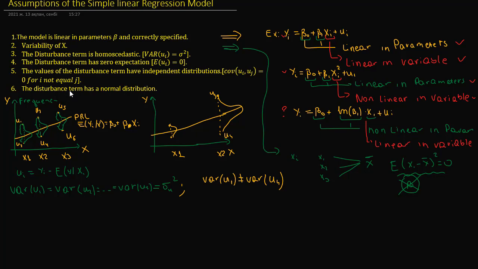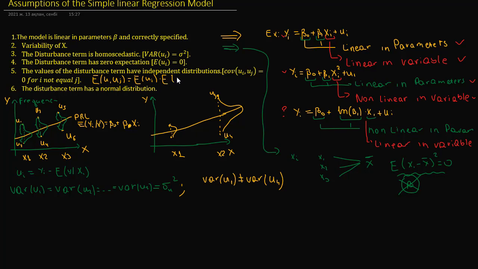This refers to the assumption that there is no autocorrelation between my samples. Here we can write the joint distribution of ui and uj as the expected value of ui multiplied by the expected value of uj.